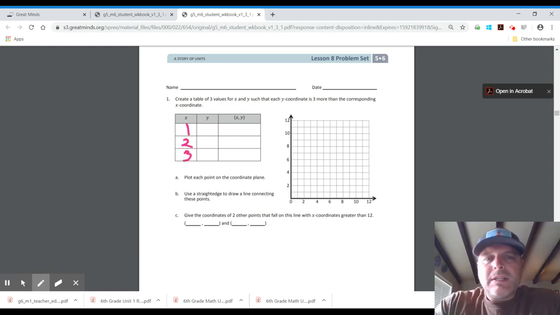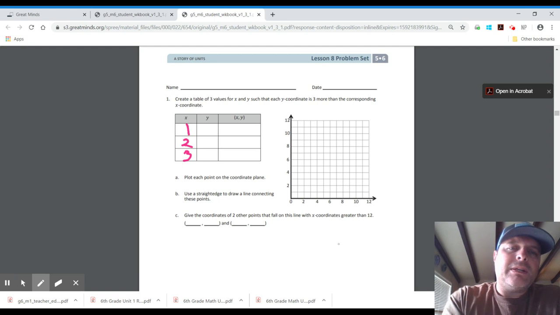How's that? Pretty easy. Now it says that the y coordinate is 3 more than the corresponding x. That just means you're adding 3 to whatever x is. So the first one we have x plus 3. So here we're going to do 1 plus 3, and that's going to be y.